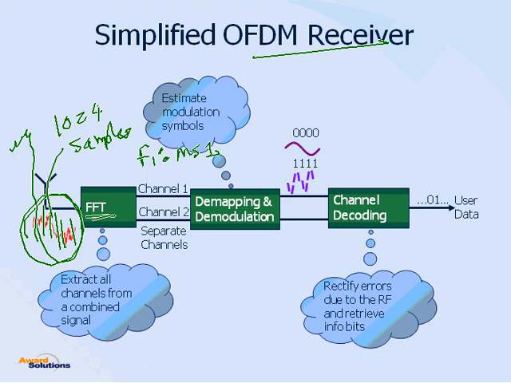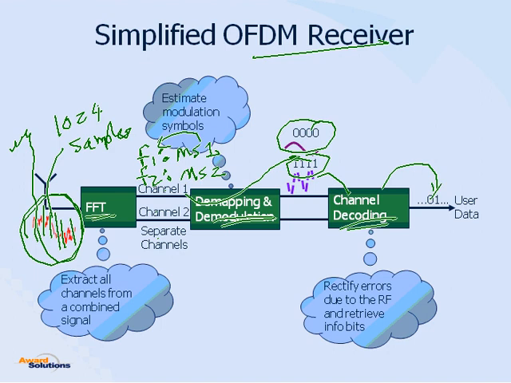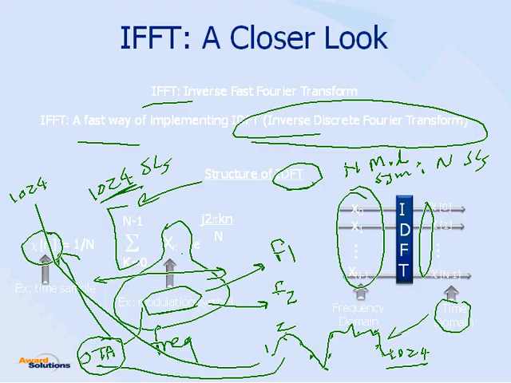One modulation symbol on one subcarrier, another modulation symbol on another subcarrier, and so on. Then we do the demodulation. It means we'll get those sets of bits back, do the decoding, and you will be able to recover your data.